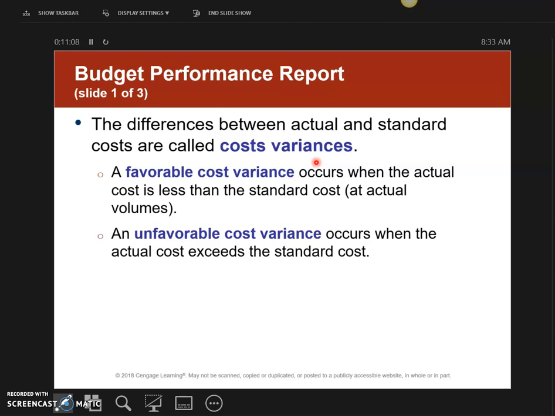So a favorable cost variance is when the actual cost is less than the standard cost. In other words, I didn't spend as much money as I thought I would spend. So it's favorable because it's in my favor. And it will be signified by just the letter F. An unfavorable cost happens when my actual cost exceeds the standard cost.